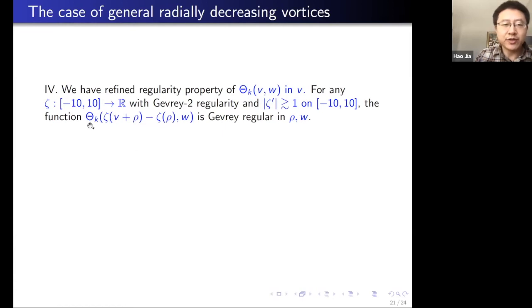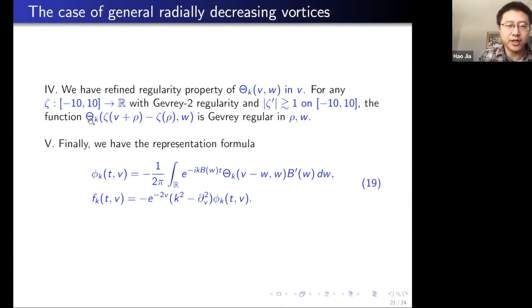But if you take a transformation like this, then it is actually smooth in rho. Almost like the singularity in rho is cancelled. So this function is very smooth in rho and W. That gives us a very nice characterization of the structure of the singularity when V is equal to 0. And also, of course, we have the representation formula for both the vorticity field and the stream function.